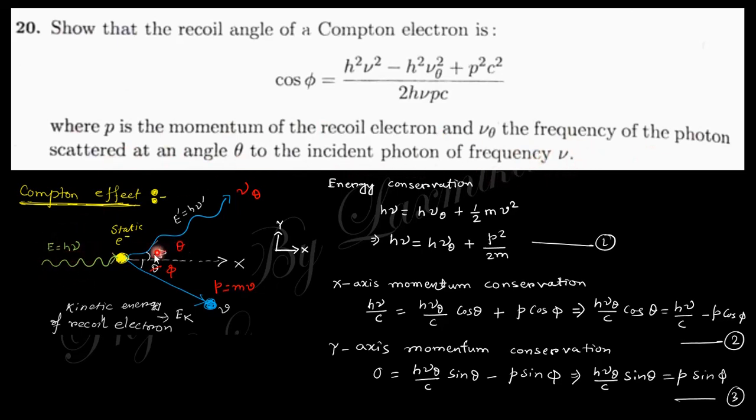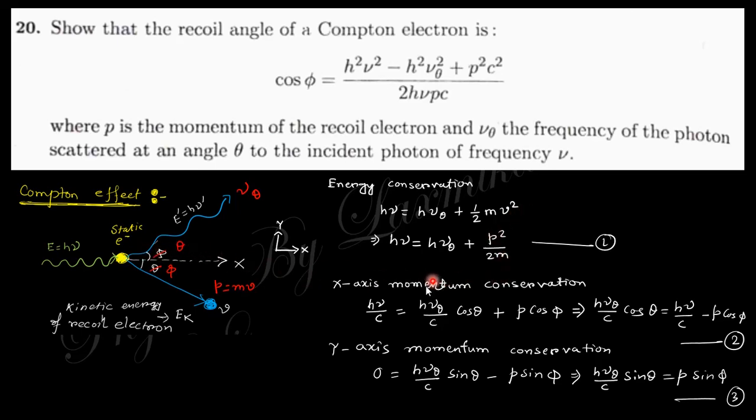So this is the incident photon and this is the scattered photon with nu theta at angle theta, and this is phi. In the theoretical part the convention is the opposite, sorry. Taking energy conservation, h nu equals h nu theta plus half m v squared, where v is the velocity of the electron. So h nu equals h nu theta plus p squared by 2m.